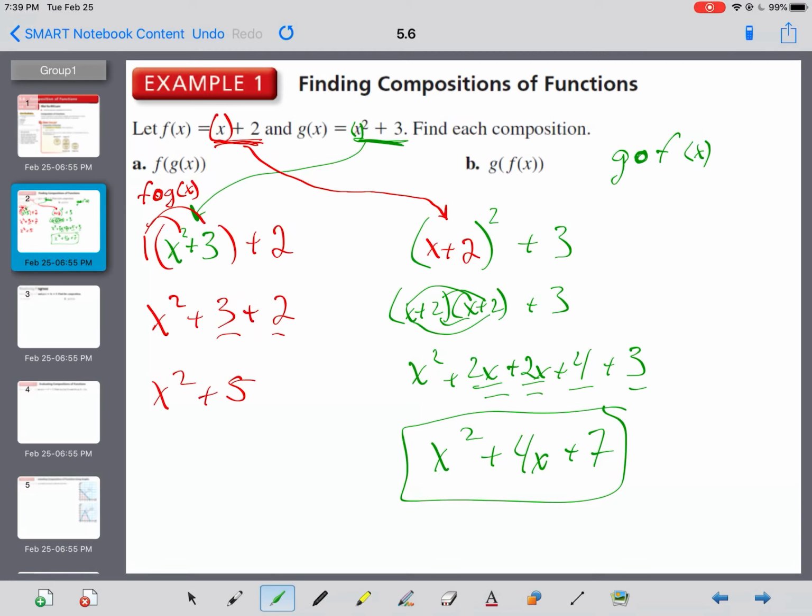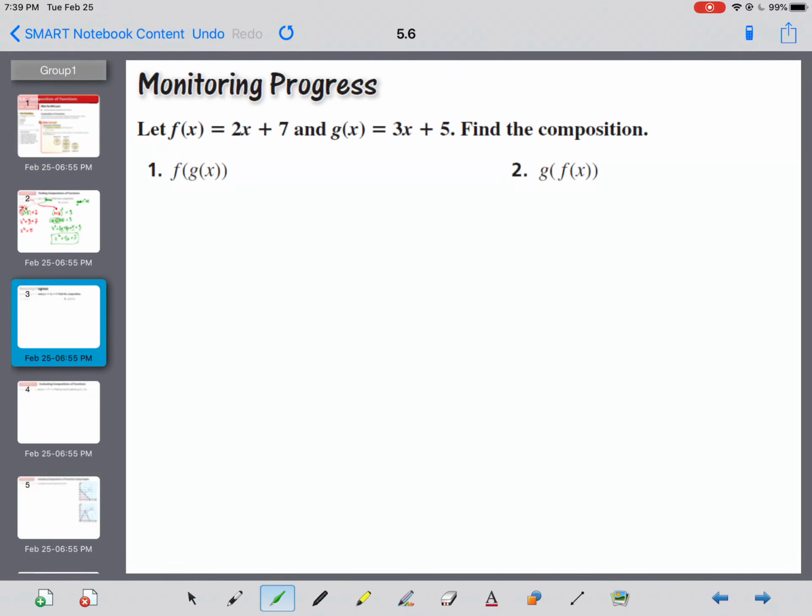I like to call them the fog and the goth, the f of g of x and the g of f of x. So the little circle ends up being like the "of" part of what you say. Two different ways to see it, be able to recognize it in each. So here's a couple. Give them a try. You're going to find each composition. You can do f of g of x and g of f of x. Give it a pause, give it a try, come back, see what happens.